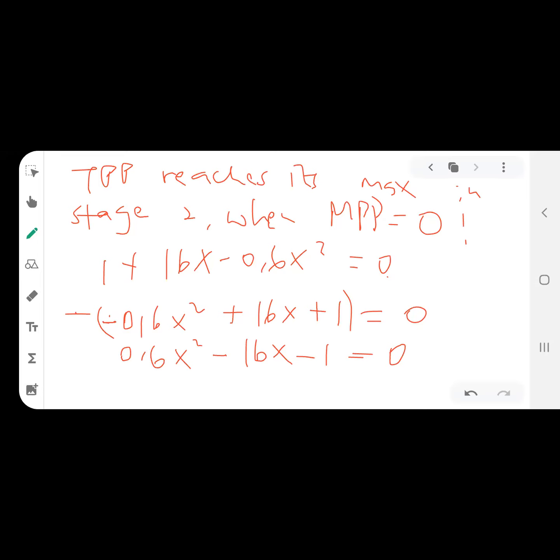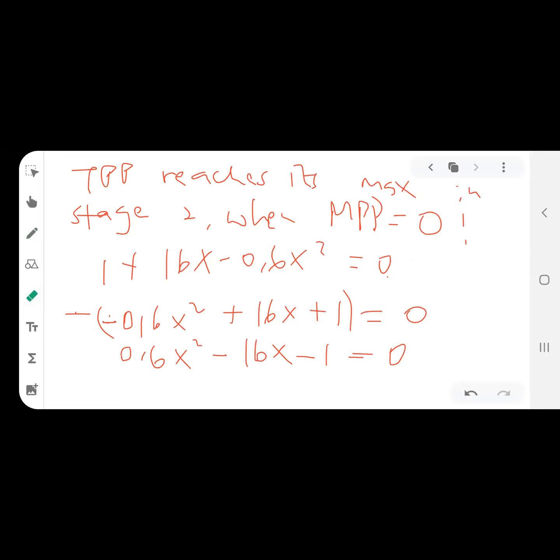If your equation has the highest exponent being 1, it means that it is linear, just like the demand function, QD equals A minus BX, for example. It's linear because the highest exponent here is 1. But once the highest exponent is 2, it's quadratic. Once the highest exponent is 3, it's cubic, just like that. So the reason we are saying this is a quadratic function is because its highest exponent is 2.